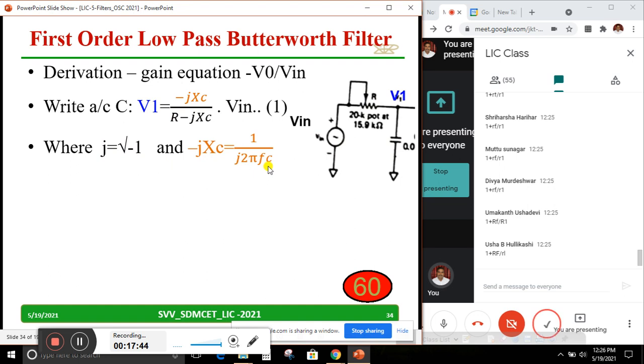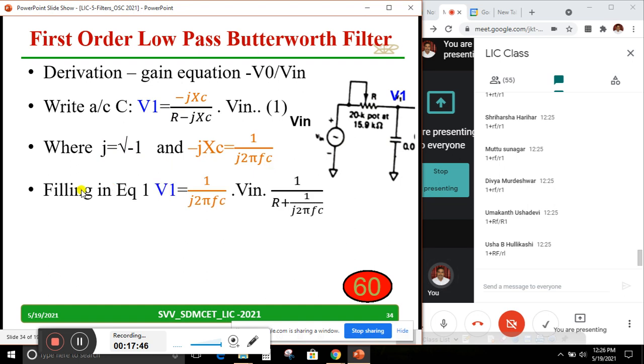Filling this value of jXC into the equation, I am rewriting. Minus jXC I am writing as it is, R I am writing as it is, and JXC I am filling this value. Again into V is there. The steps are very simple. Now I am rewriting, that's all.